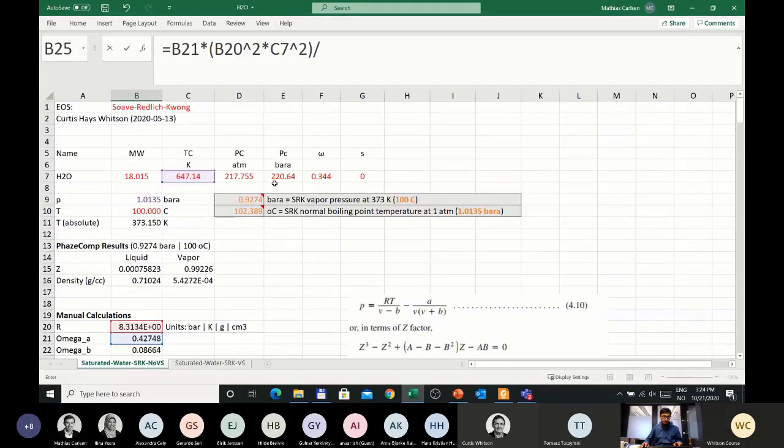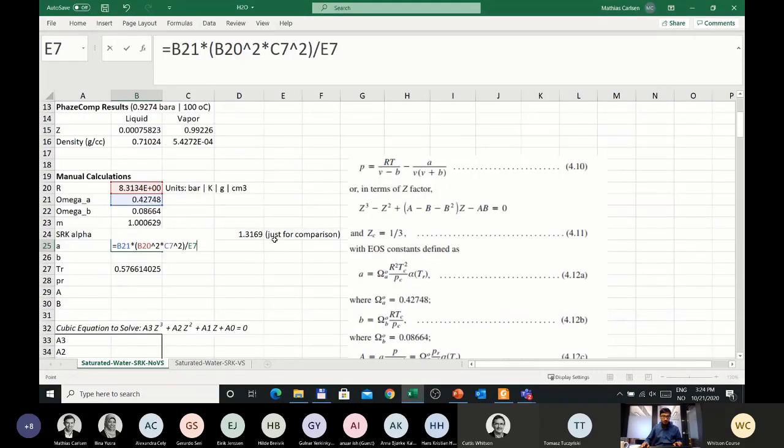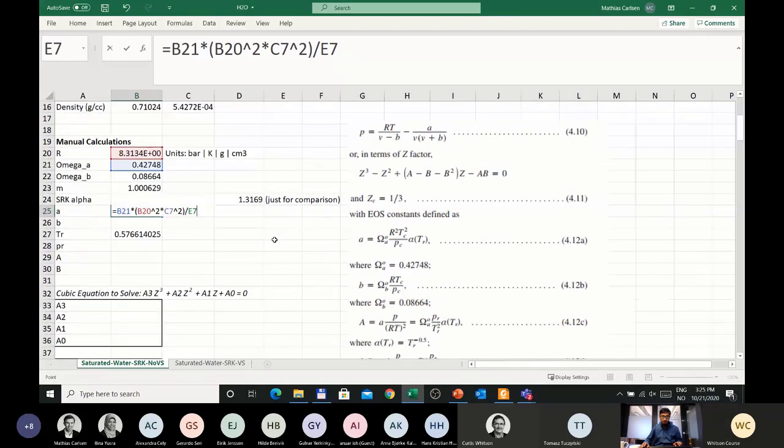PC is in bars, that's this number here, times the alpha correction, this number here.